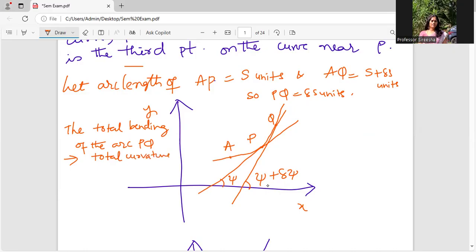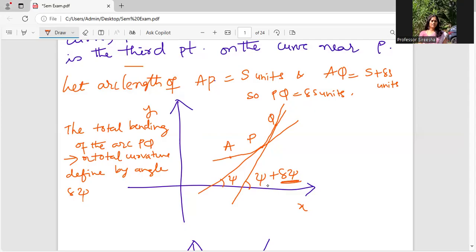Curvature is basically how much a curve or an arc is bent, because I am considering an arc here. Now the total bending of the arc PQ, the total curvature, is defined by the angle delta xi. Why? Because from P to Q there's a change in the angle of delta xi. Clearly we can observe that little change.